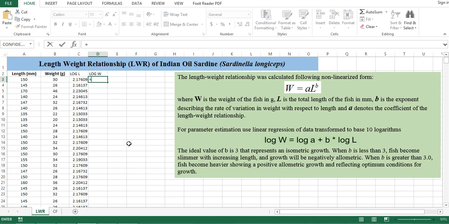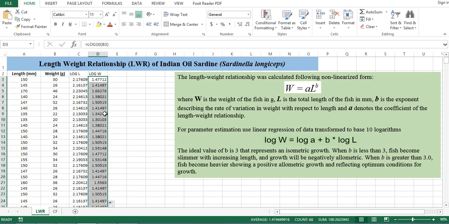Likewise, take the log 10 function and click on weight, and you get the log of weight. Here the log length and log weight are already calculated. So first we will check the non-linear function.